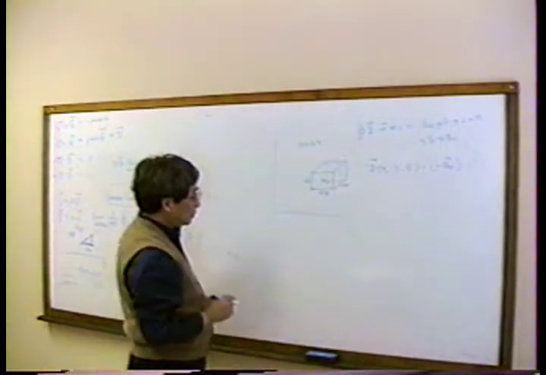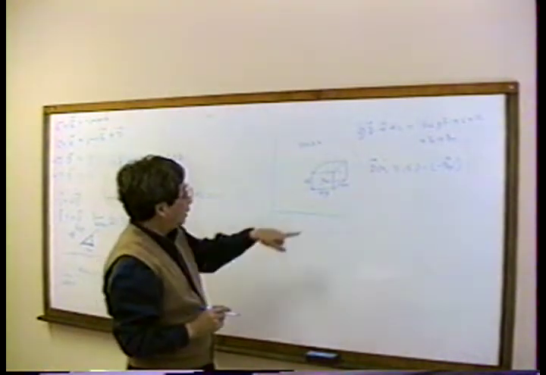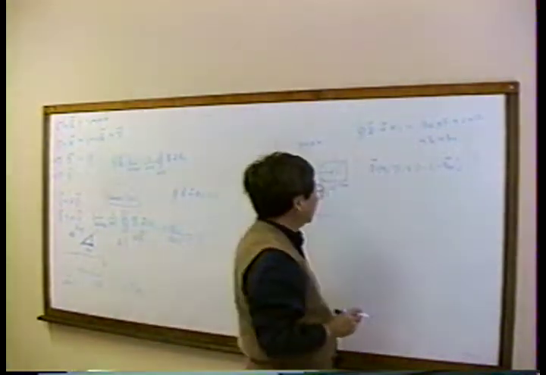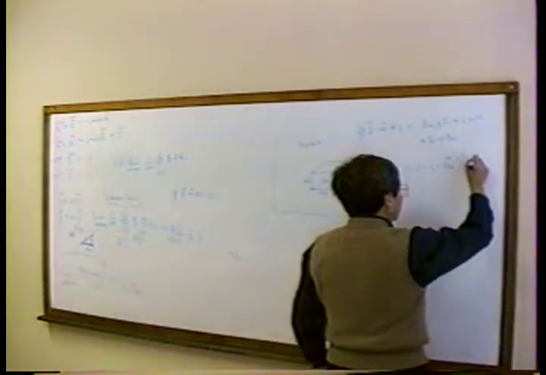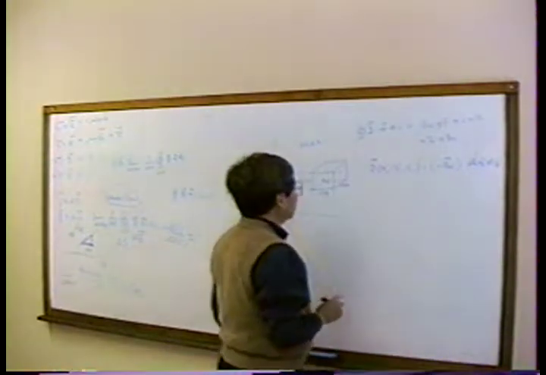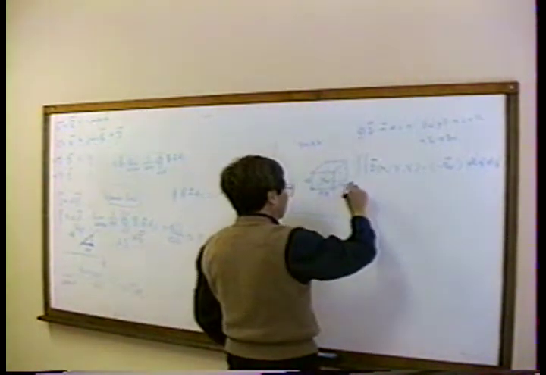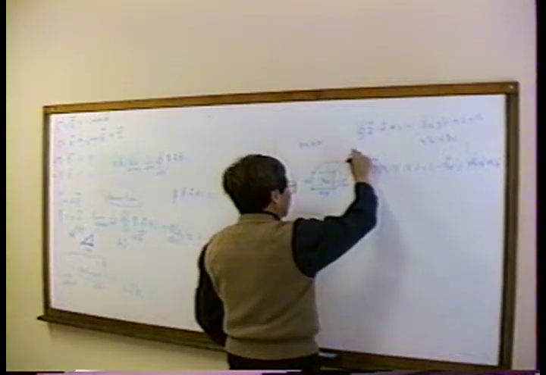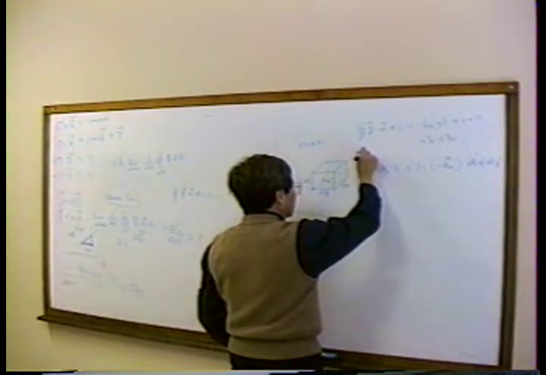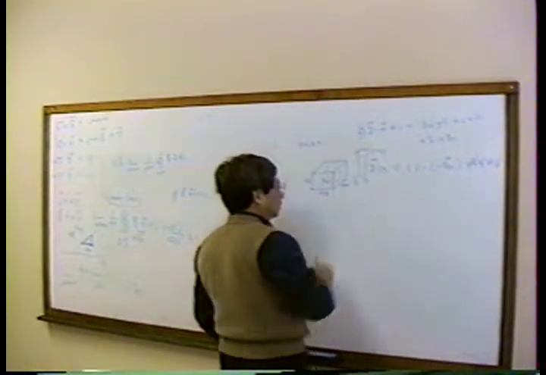Okay. Because it's outward. And then what is ds? ds is dy prime dz prime. Then in the back, the integration goes from y to y plus delta y, z to z plus delta z, right?